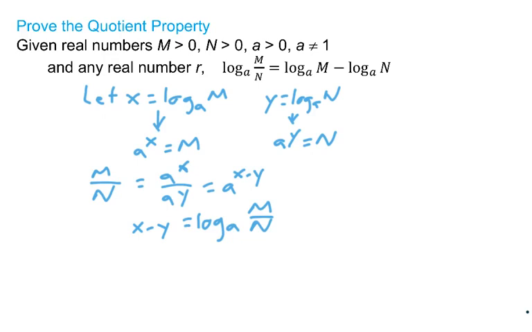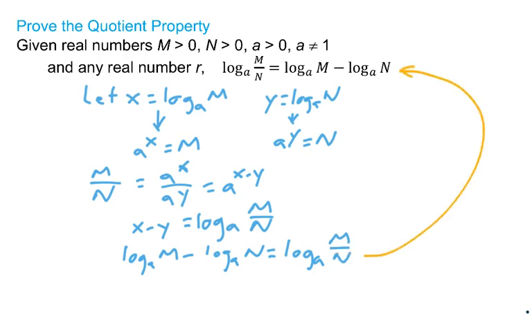And finally, replacing the x by logarithm base a of m and the y by logarithm base a of n, we see the exact property that the logarithm of a quotient splits up as a difference of logarithms.